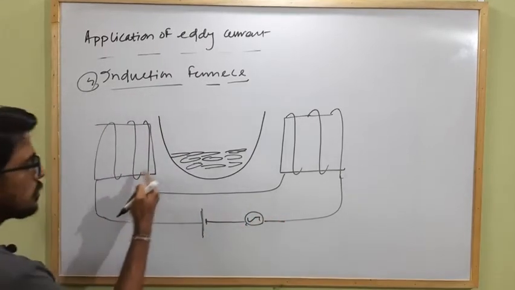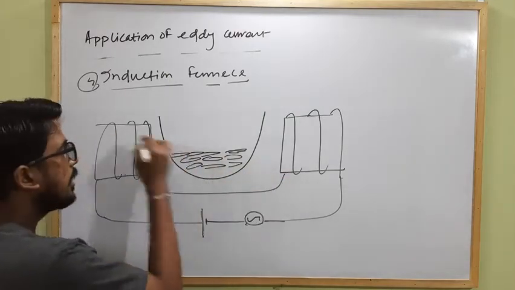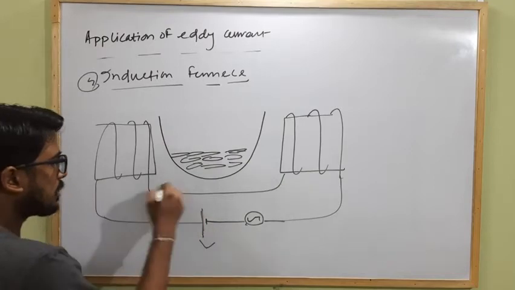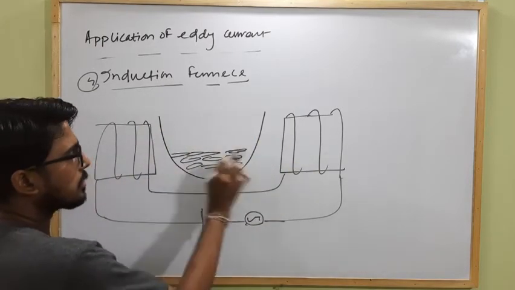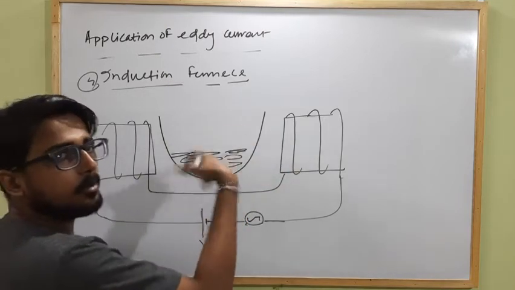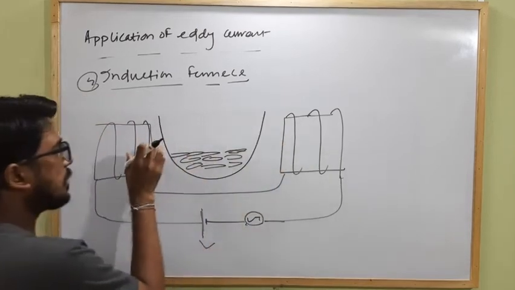That means these two terminals can be positive and negative alternately. As current starts flowing through the coil, the electromagnet produces a magnetic field in this direction, from north to south. Then after a certain time interval, this end becomes negative and this end becomes positive.